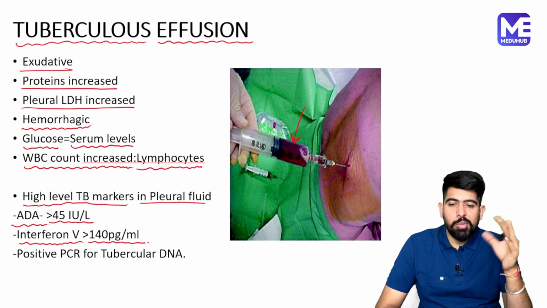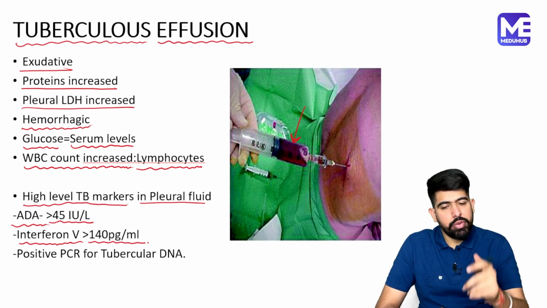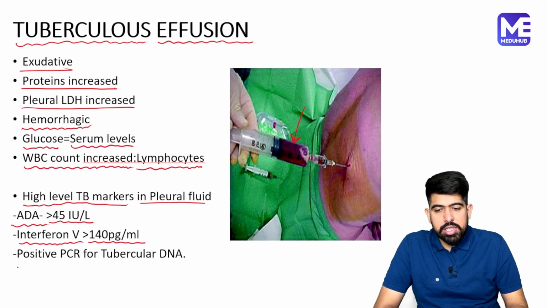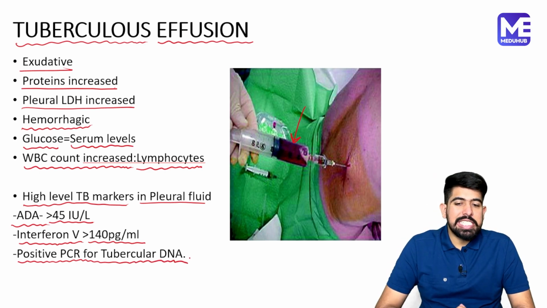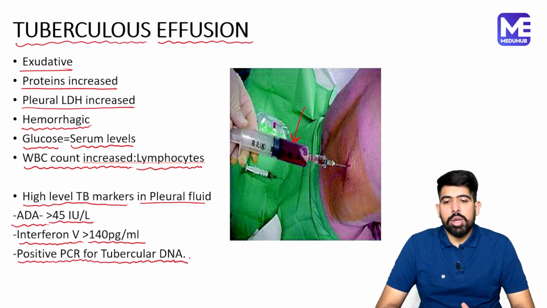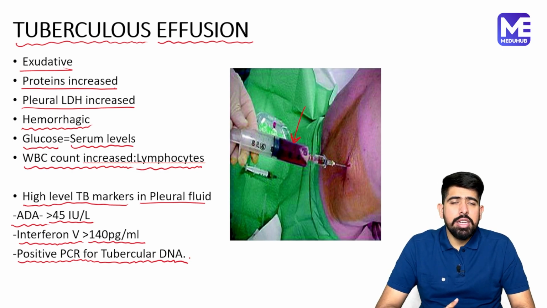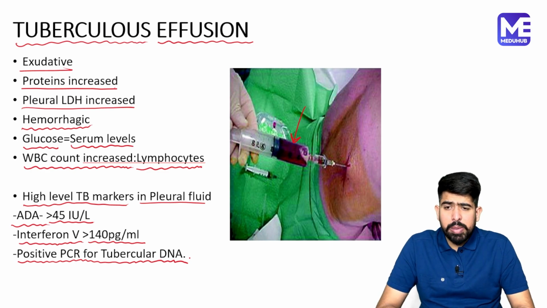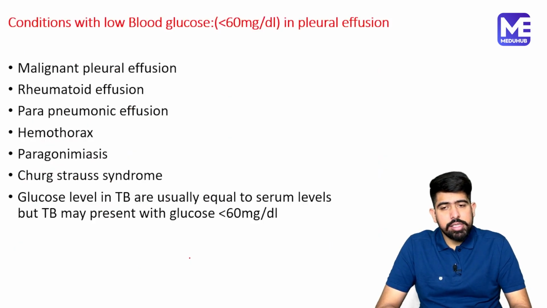It is also suggestive. And if the PCR, polymerase chain reaction, is positive for the tubercular DNA, this is suggestive of the tubercular effusion, right? So please remember about the tuberculosis effusion.